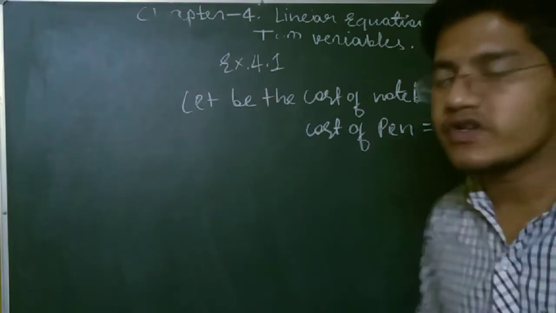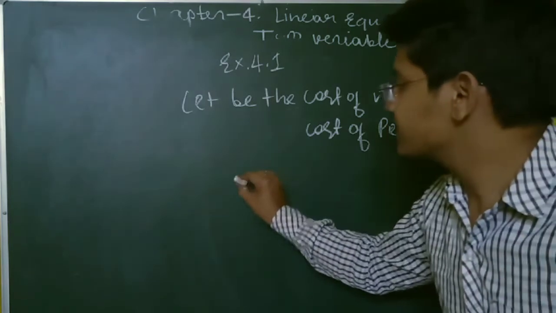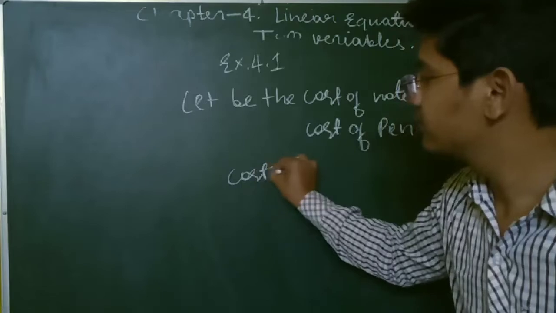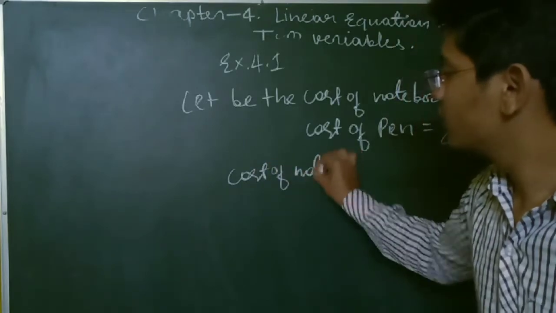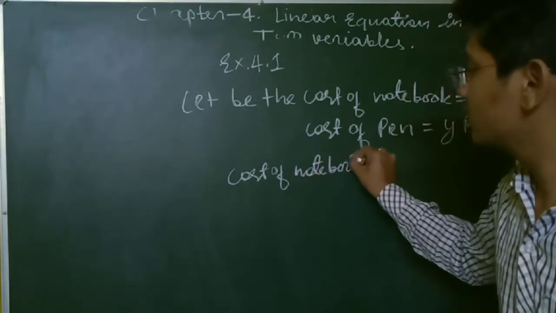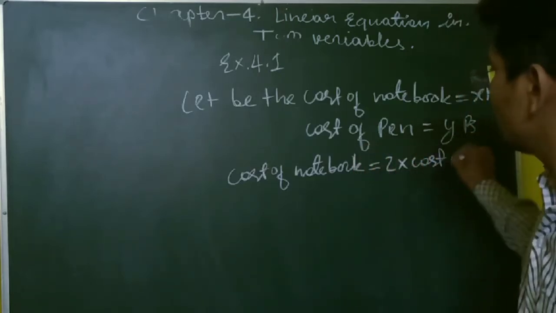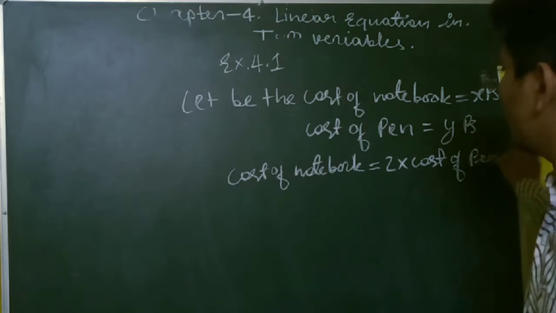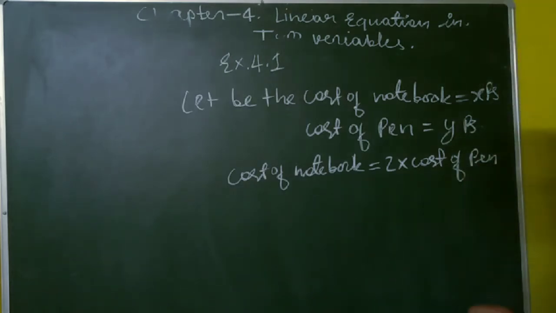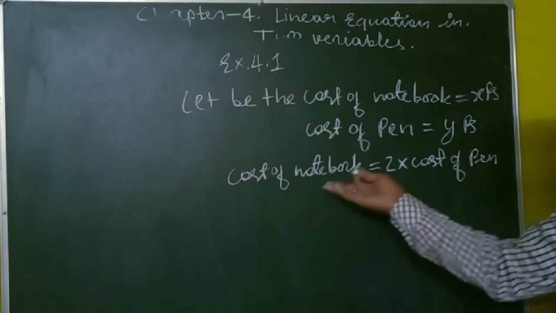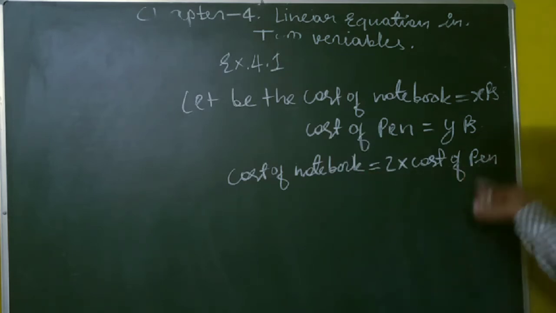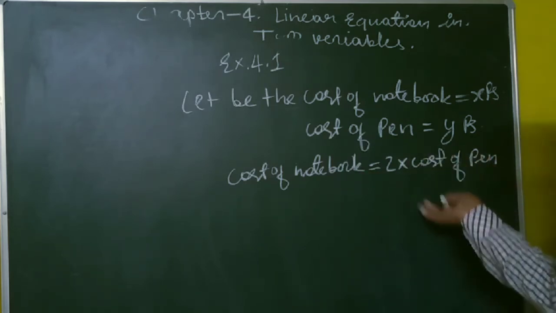Now according to the question, what are they saying? They are saying that the cost of notebook is equal to 2 times the cost of pen. Obviously the cost of notebook will be more than the cost of pen, so we will multiply the cost of pen by 2 to get the cost of notebook.